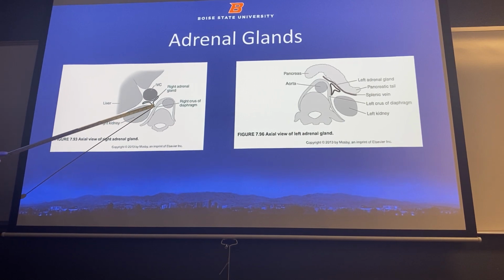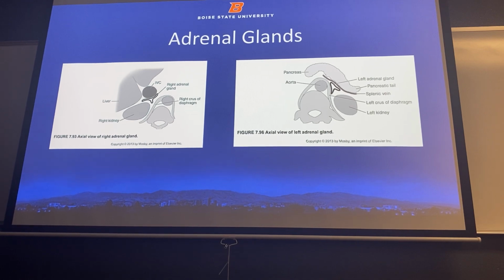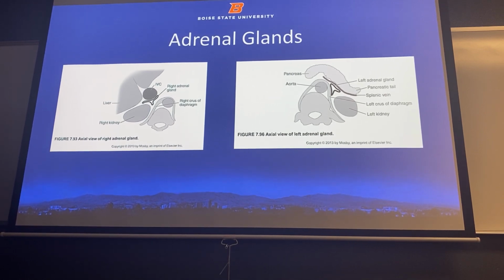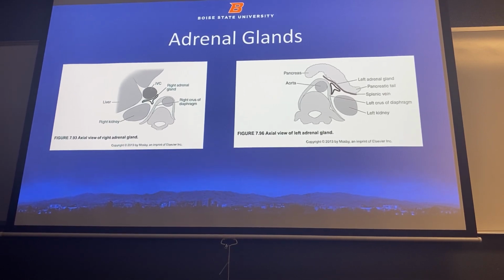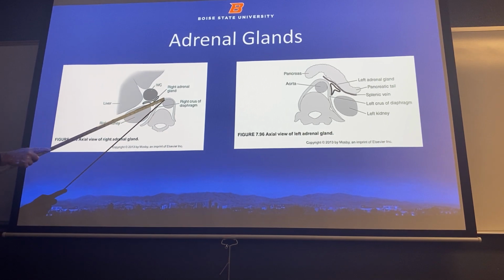We'll get into muscles later on, probably on Tuesday of next week, but we talked a little bit about the crura of the diaphragm. The crura of the diaphragm basically start off as what we call the central tendon of the diaphragm, and then they converge and produce these fibrous tissues right over here.